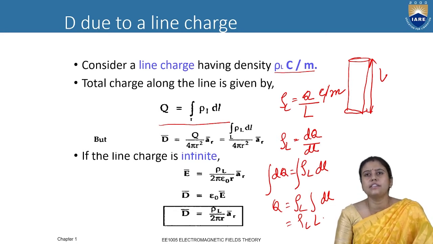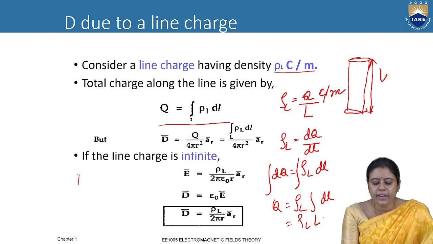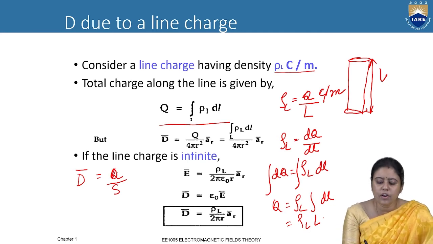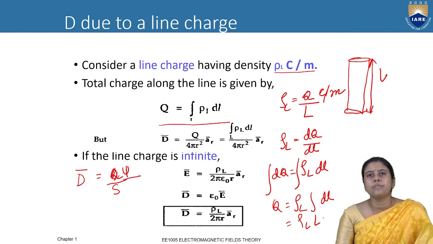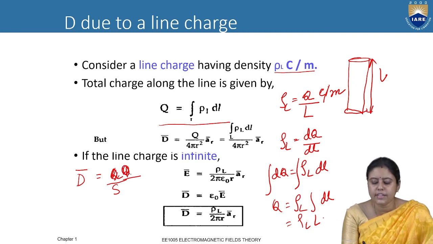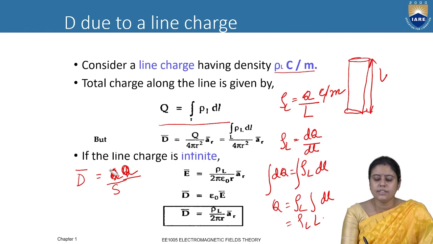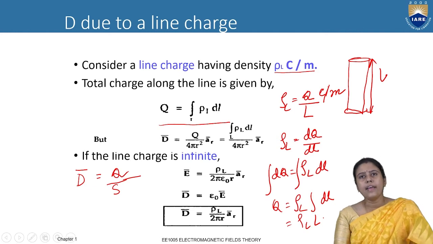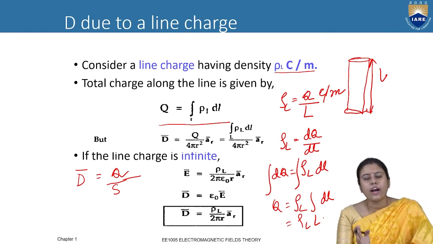Now, the line is not a sphere. A line is basically cylindrical in nature. What is D? D means flux density, which we can write as charge by surface area. Already we have discussed these things. D is equal to psi by S, and psi is the same as the charge.